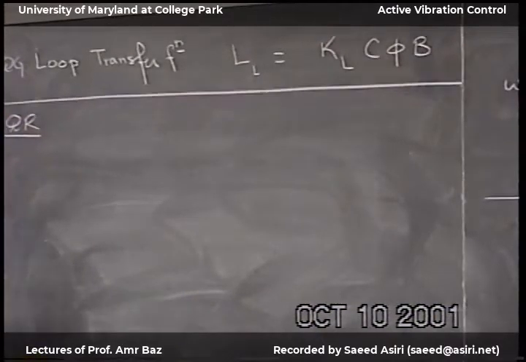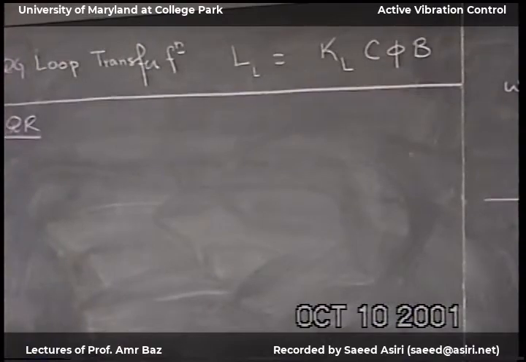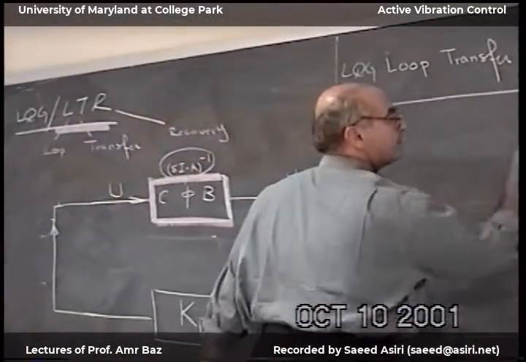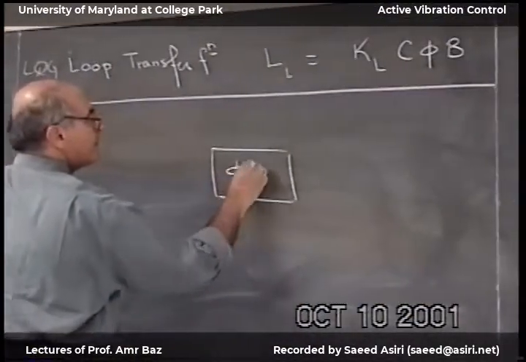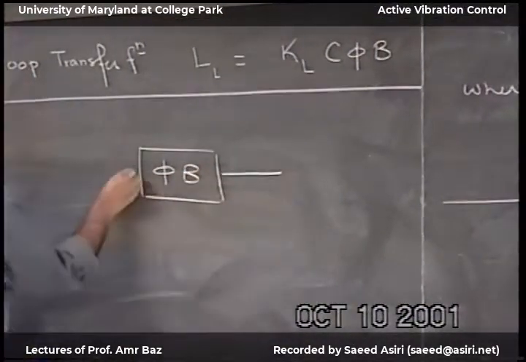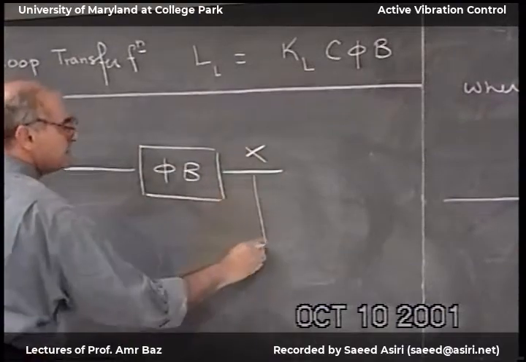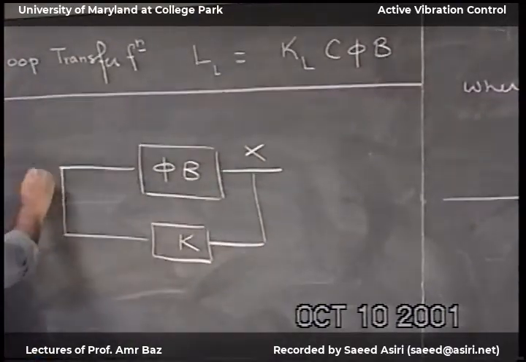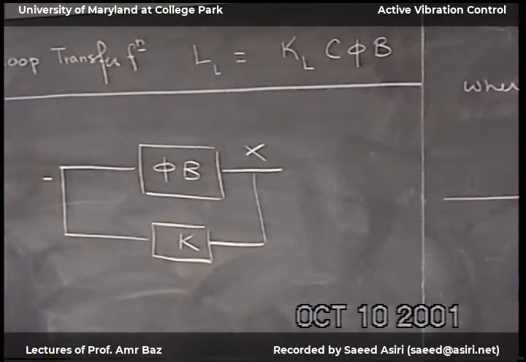The LQR. My system looks exactly like this, except the C is the identity matrix, and I'm measuring the x. I'm feeding back here the K, and negatively, my R is equal to 0.